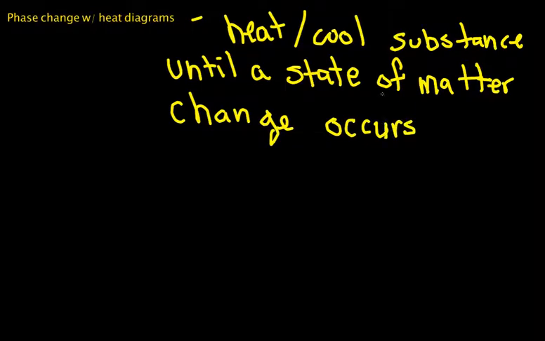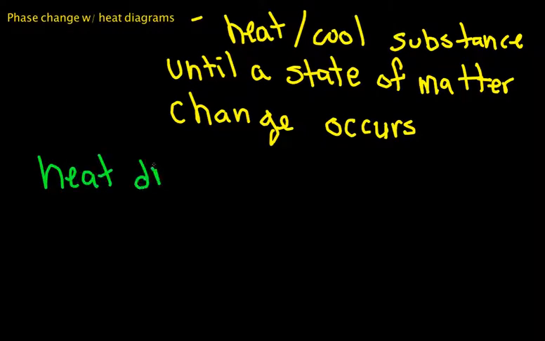What we're going to see is a substance going from a liquid to a solid, solid to a liquid to a gas, gas to a liquid, as we heat or cool down a substance. And we're going to use a heat diagram to help us keep up with this.